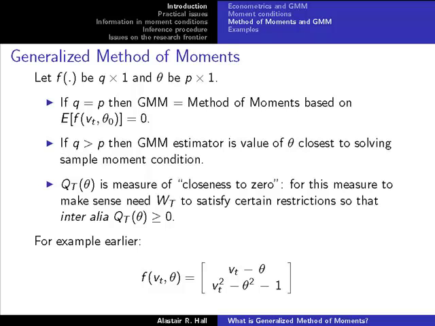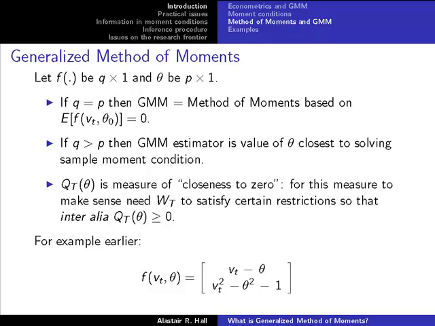However, if we have q greater than p, in other words more population moment conditions than parameters, a situation in which we know that in general there won't be a value of theta that solves the sample moment conditions and sets them exactly equal to 0, what GMM estimation is doing is coming up with an estimator of theta defined to be the value that's closest to solving that set of equations.